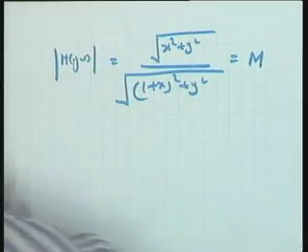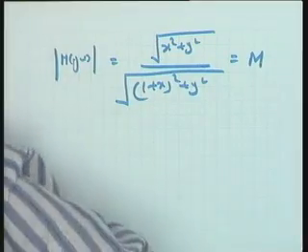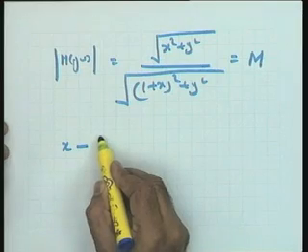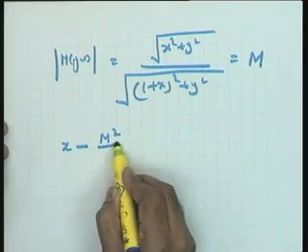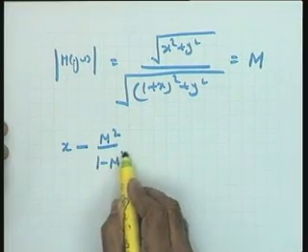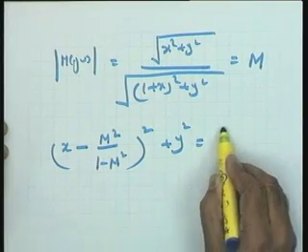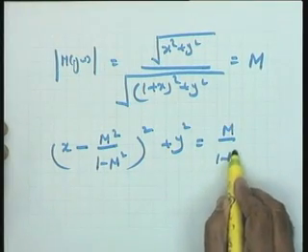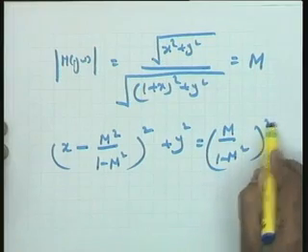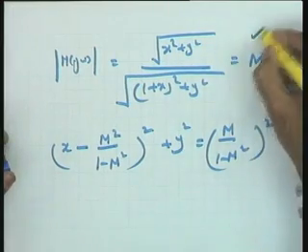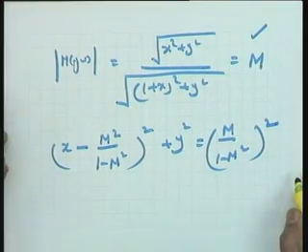I think I can bring the final expression to you instead of deriving it, because it is just manipulation of this equation. If I manipulate this equation, I get (x minus M squared over 1 minus M squared) whole squared plus y squared equals (M over 1 minus M squared) whole squared. This particular equation is just rewritten this way.